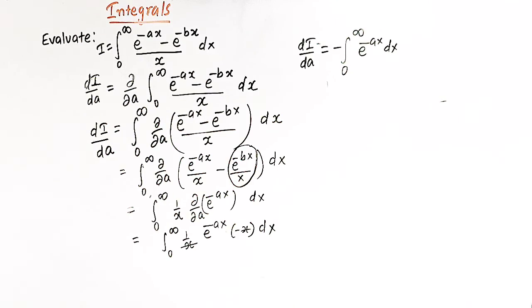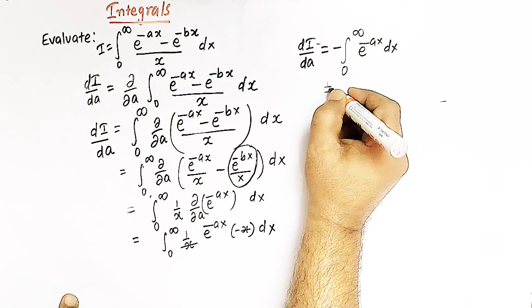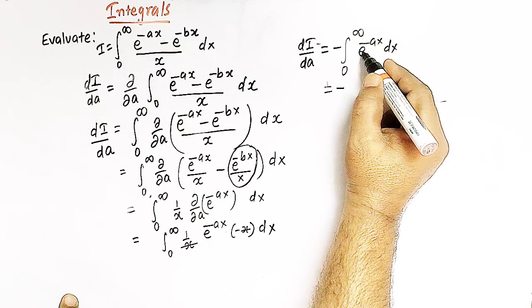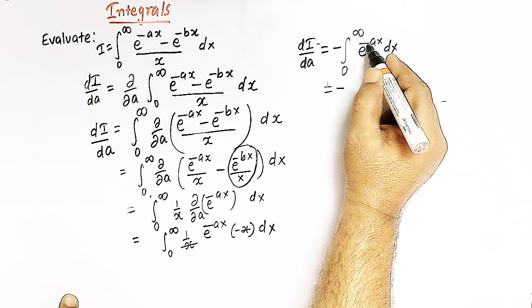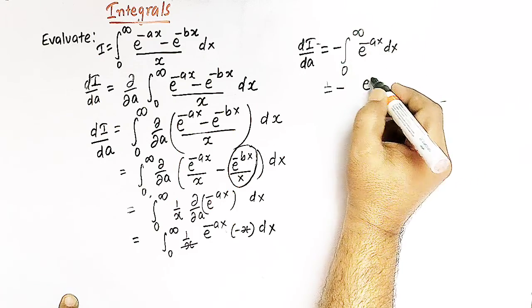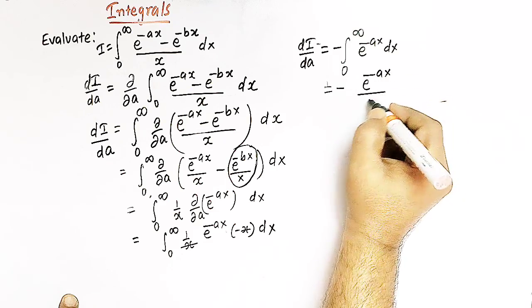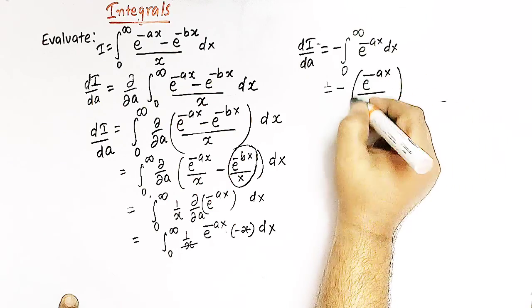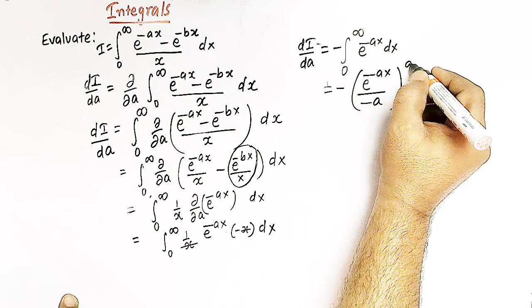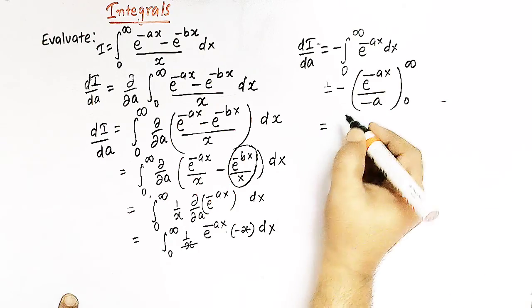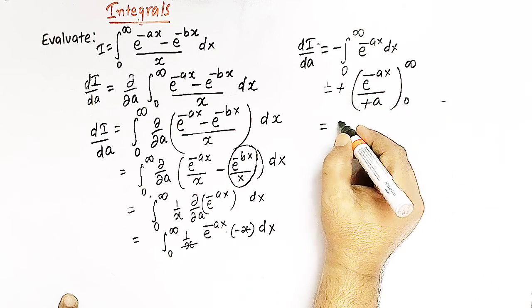So now here we have a negative sign, and the integral of e raised to minus ax is e raised to minus ax over minus a, and the limits of integration are from 0 to infinity. So now this negative and this negative get cancelled.